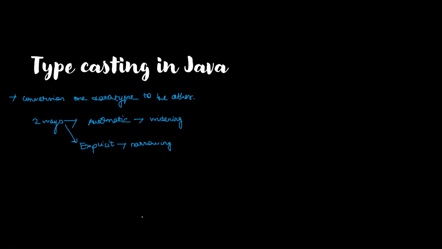It's because, switching back to our PowerPoint, when we have an integer variable storing a value, let's say 300, after declaring we are typecasting it explicitly to the byte type, this particular value 300 is forced to be converted to the byte type.